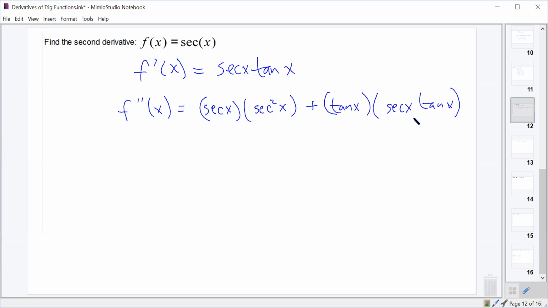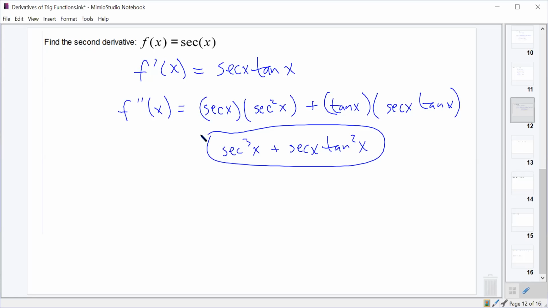Everybody good there? Secant cubed plus secant x tangent squared x. If you wanted to factor a secant out, you could, but there's no necessary reason for that. Good or no? Good.